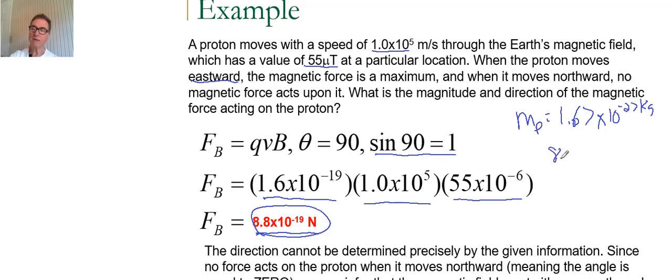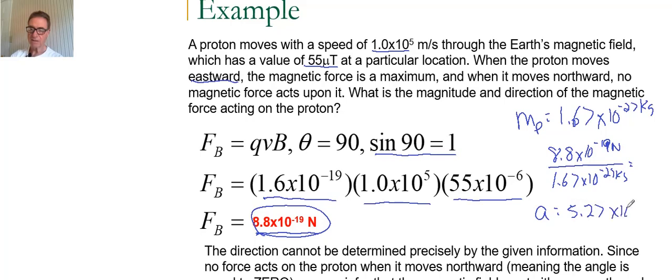So 8.8 times 10 to the minus 19th newtons divided by 1.67 times 10 to the minus 27th kilograms will equal our acceleration. And when we do that math, the acceleration would be about 5.27 times 10 to the 8th meters per second squared.